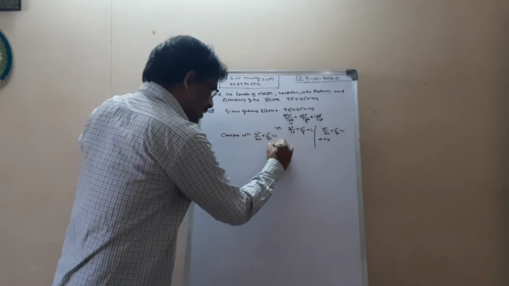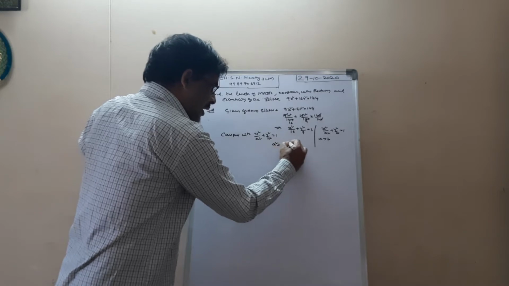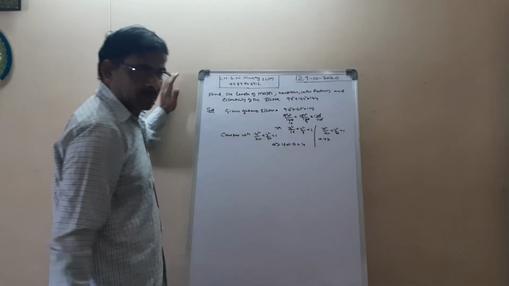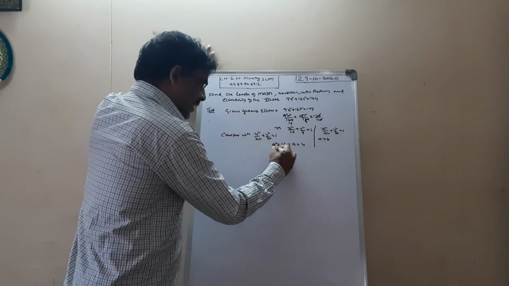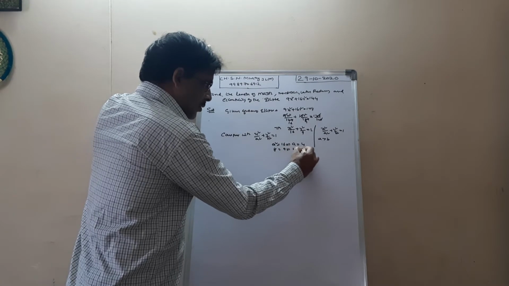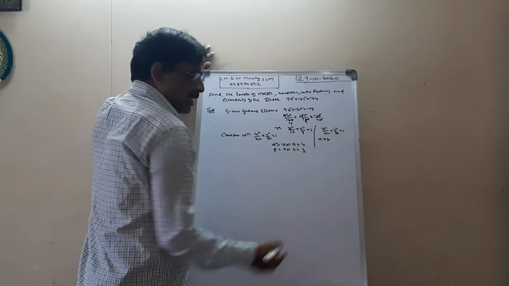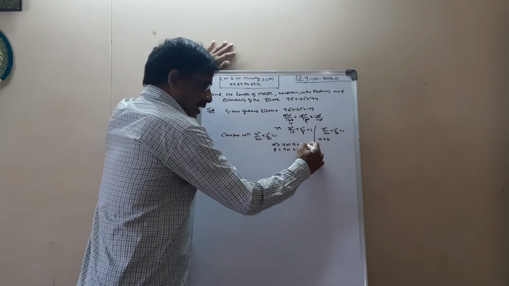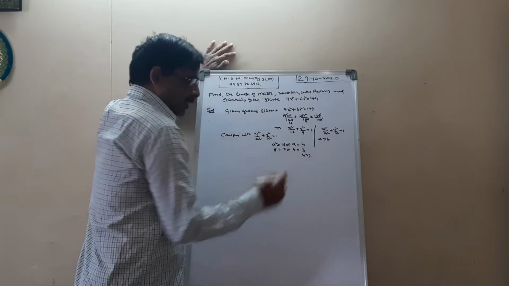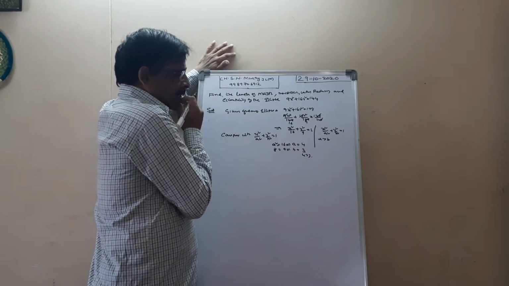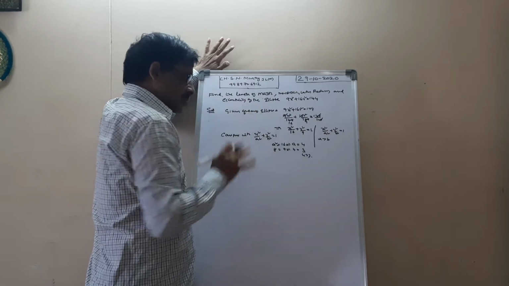Here a square equal to 16 implies a equal to 4. b square equal to 9 implies b equal to 3. You can clearly observe here 4 is greater than 3, so the ellipse is okay.